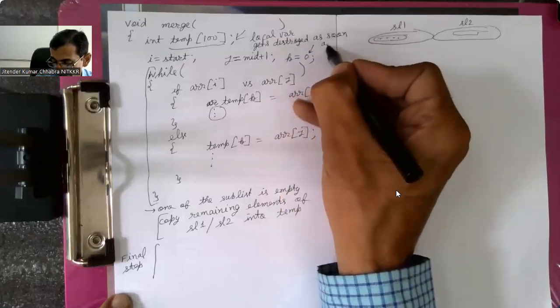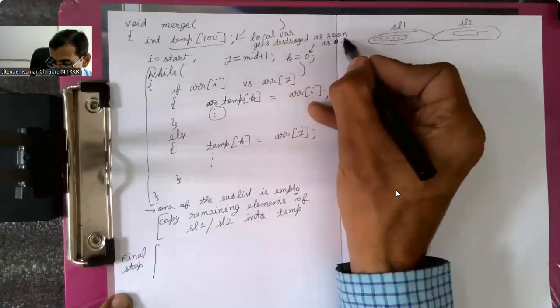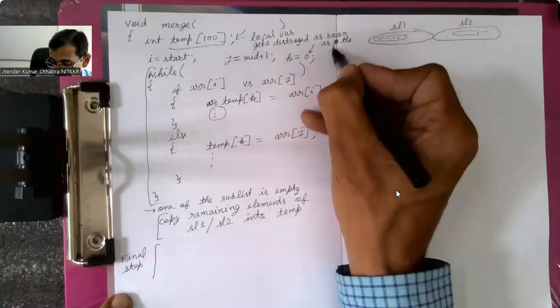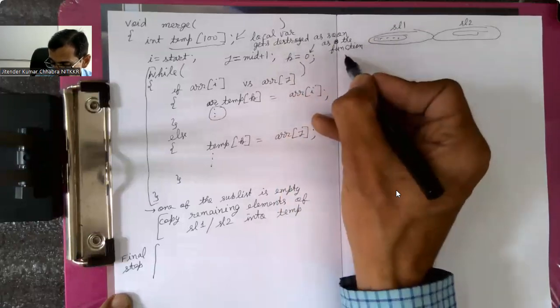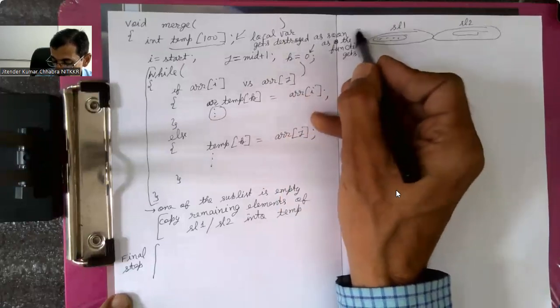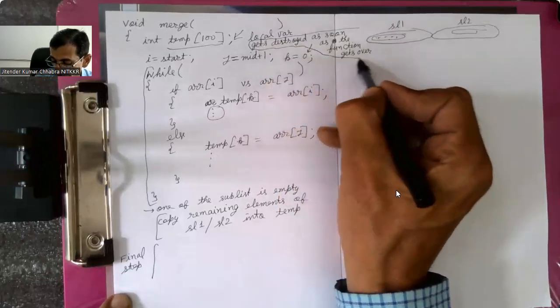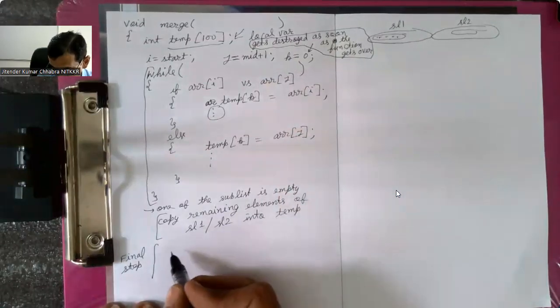So we can't leave the data in this variable at all. Hence, we have to copy back this temp array into my original array.